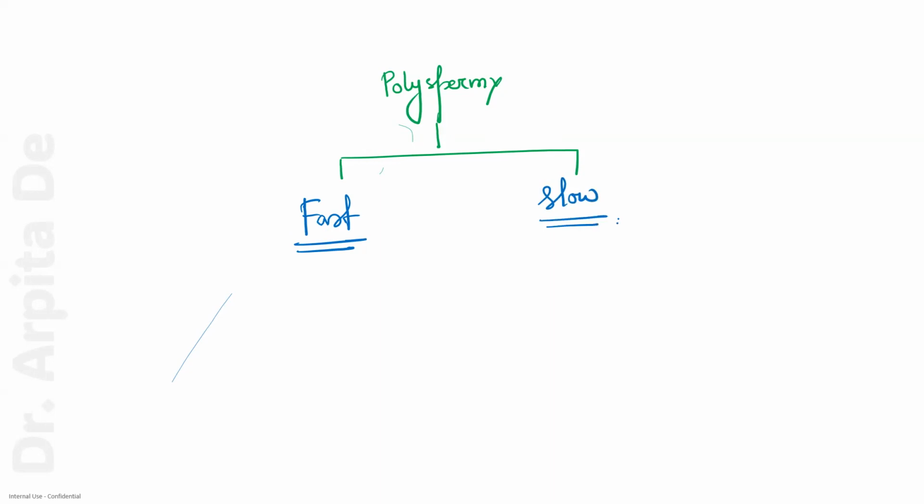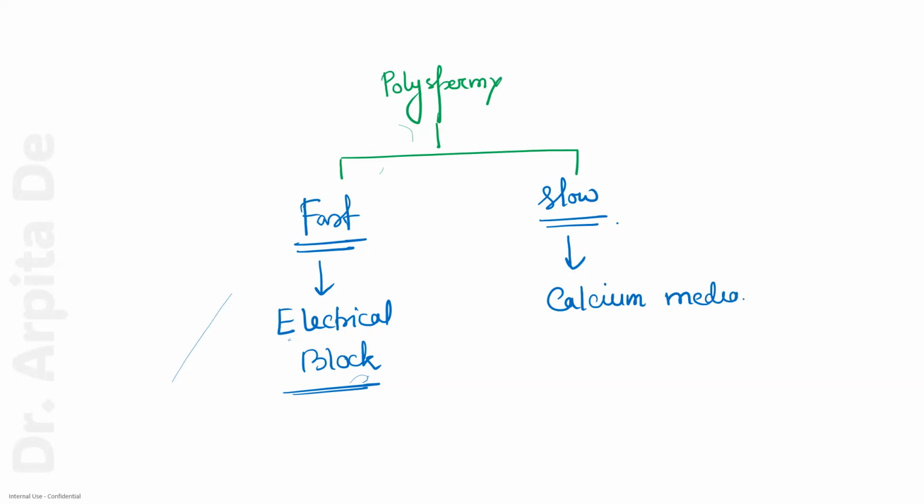The fast block to polyspermy is also known as electrical block. Voltage is involved here. Clear? Electrical block. The slow one is known as calcium mediated block.